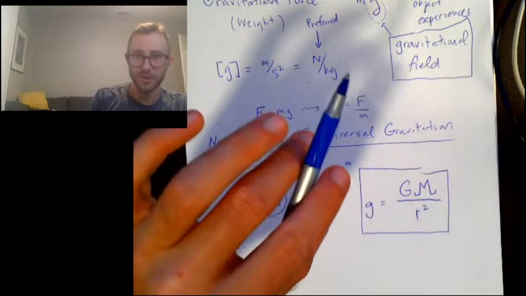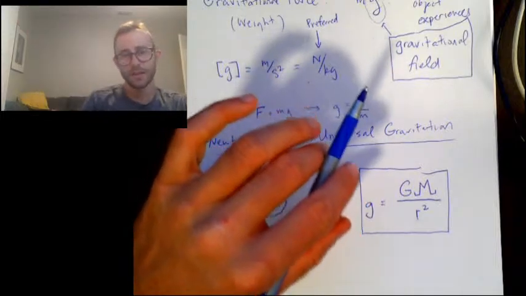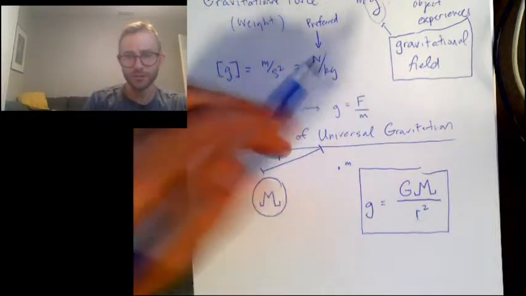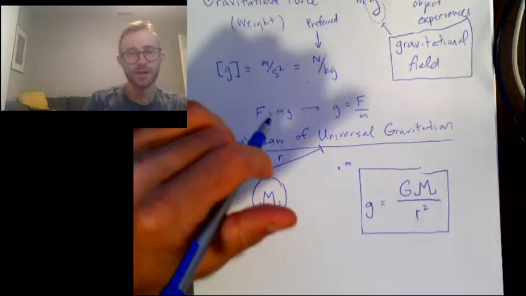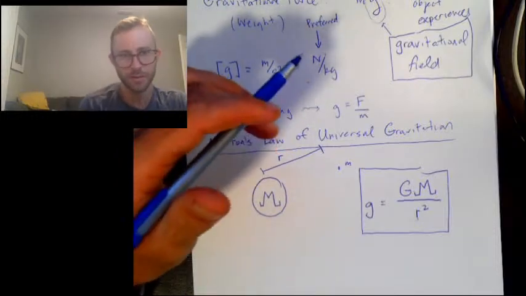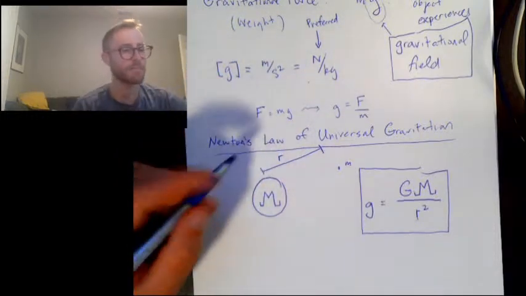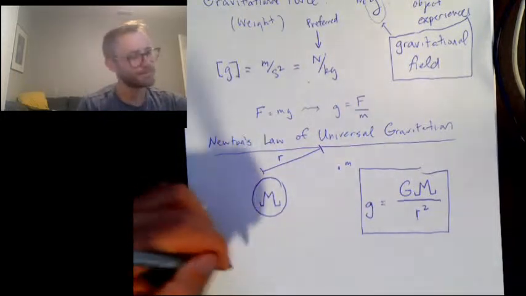Is it significantly less? No. If you go up into space, is the gravitational field you experience due to the Earth less? Yes, it is. And depending on your altitude, it may or may not be significant. Let's talk about the constant big G.